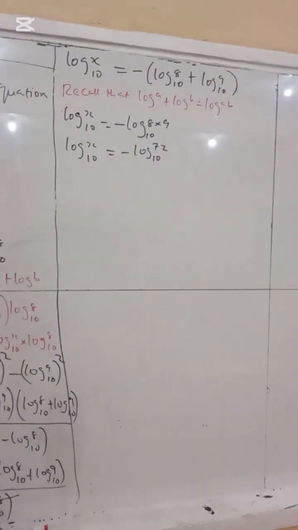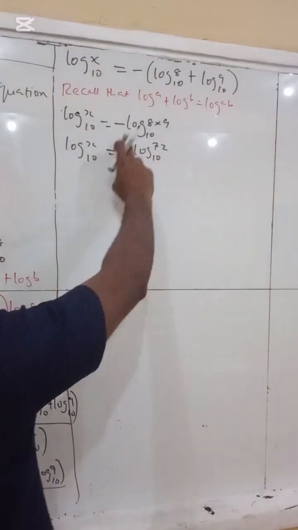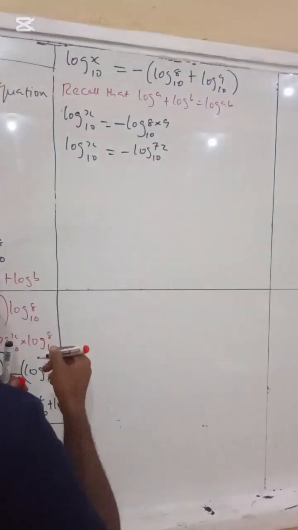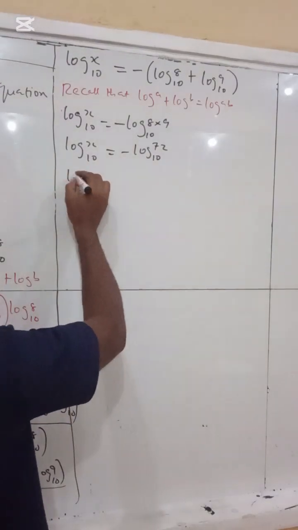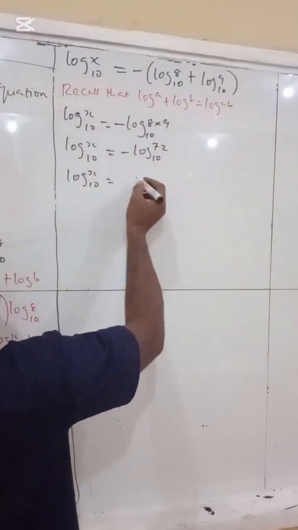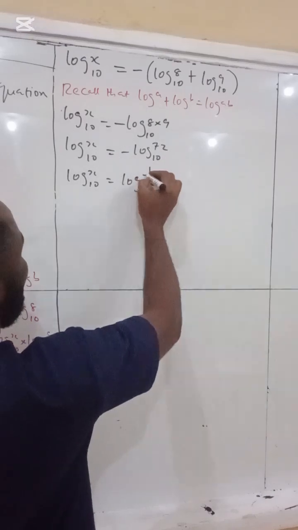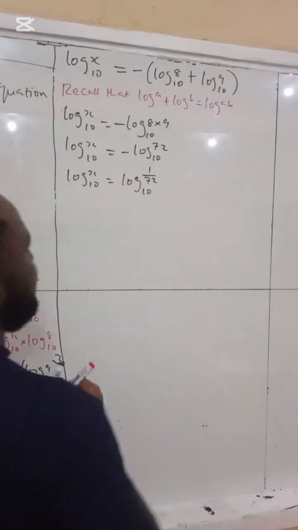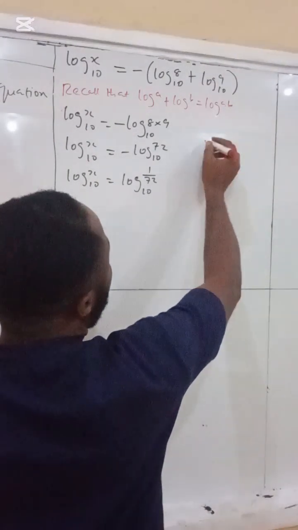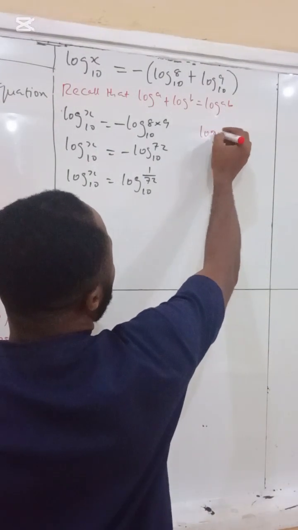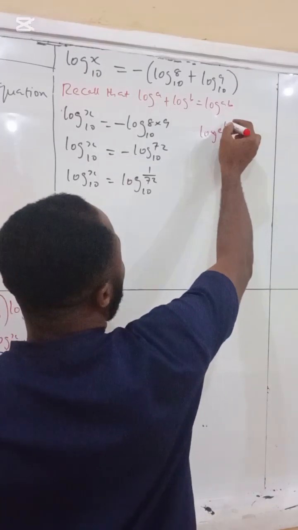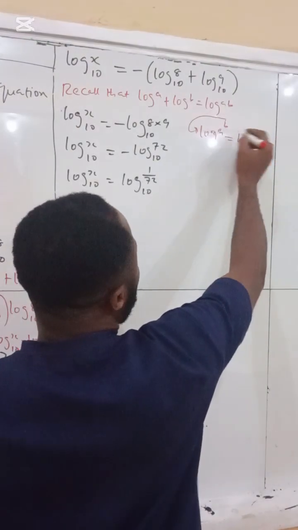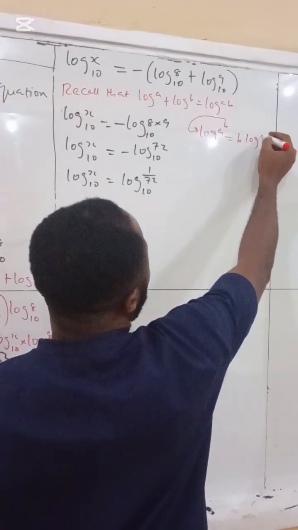Now we're going to take this negative up. If we do that, we'll have log x base 10 equals log 1 over 72 base 10. Why do we do so? Because from logarithm, when we have log of maybe a raised to power b, we're going to take this power down to multiply the logarithm, so we're going to have b log a.